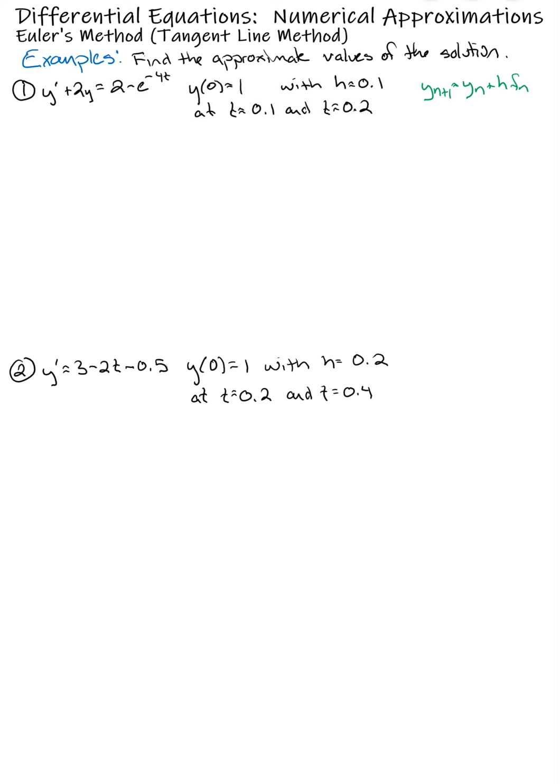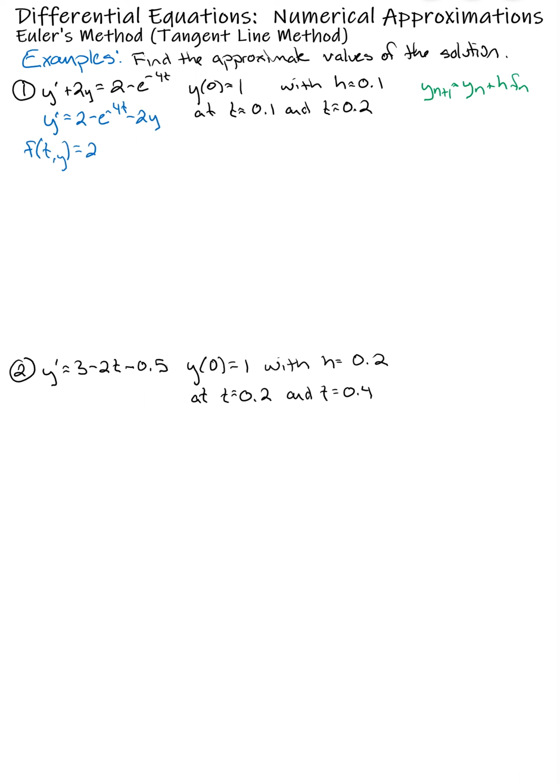Well, let me first start by rewriting that equation and isolating that derivative. So we've got y prime is equal to 2 minus e raised to the negative 4t minus 2y. This is the function f, so let's just rename this. This is f of t and y, notice this is a function of both t and y.